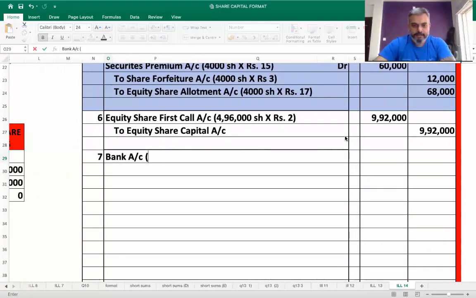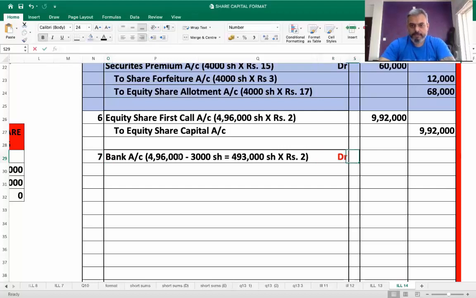Now 4,96,000 minus 3,000 shares is equal to 4,93,000 shares into rupees 2. Debit 4,93,000 into rupees 2.